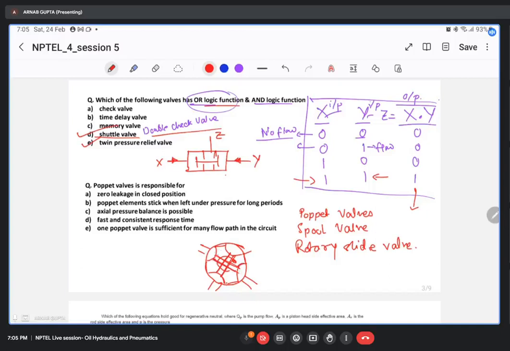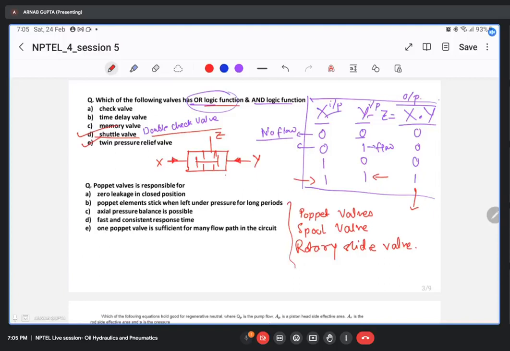Depending on the relative position of the outer casing, which has the ports, and the inner rotating body, you can achieve different flow directions and pathways. So that is the rotary slide valve. Depending on the application, you can choose which is more suitable.